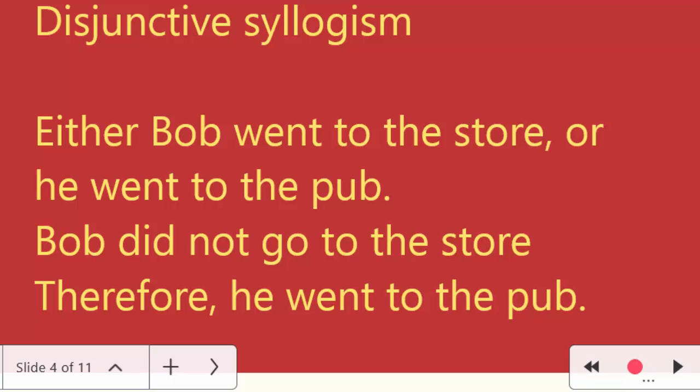It's got to be at least the case that Bob went to the store or he went to the pub. And then we're told that it's also true that Bob didn't go to the store. Well, if one of those two things has to be true, he went to the store or he went to the pub, but he didn't go to the store, then he better have gone to the pub.